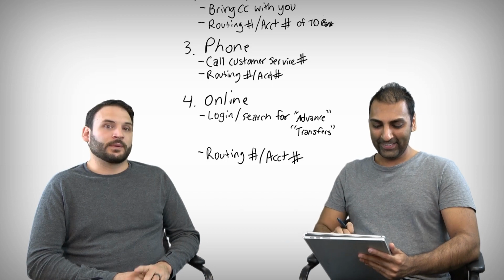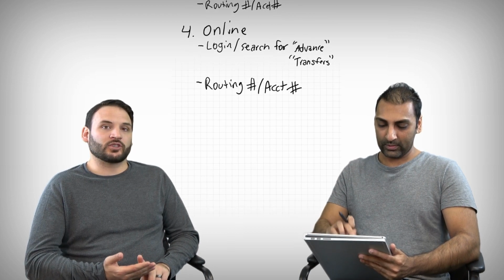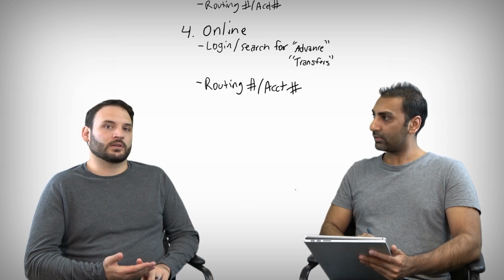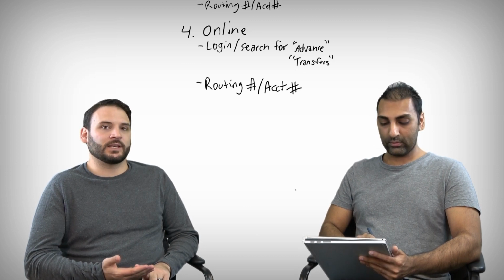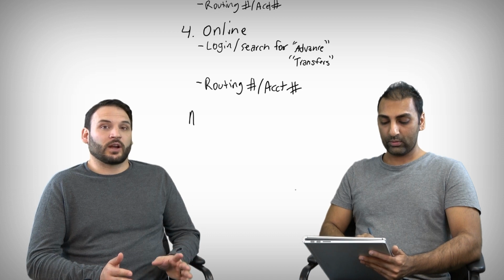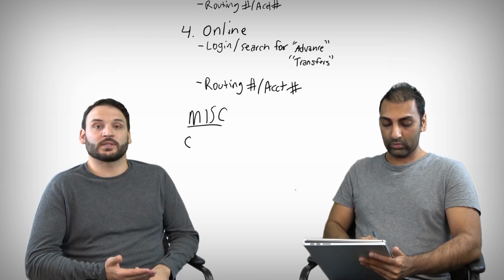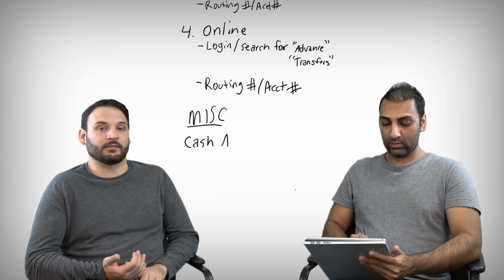And some important things to keep in mind about cash advances. Oftentimes, when you cash advance a card, there's going to be a cash advance fee. A cash advance fee on a credit card can be 2% or 3% or 4% of the amount being advanced.